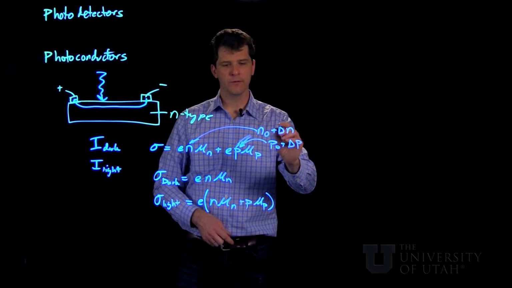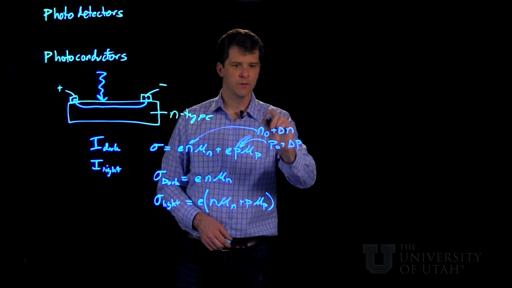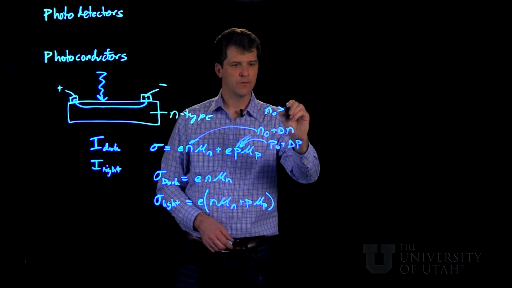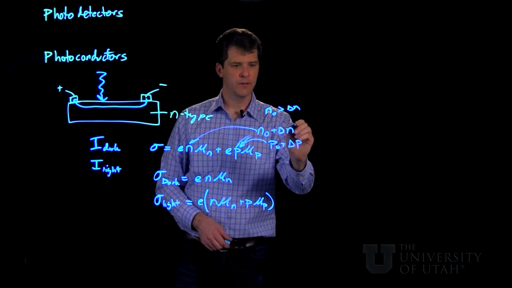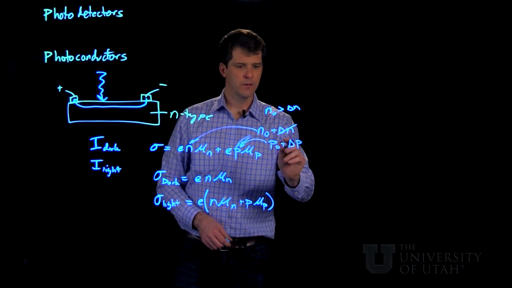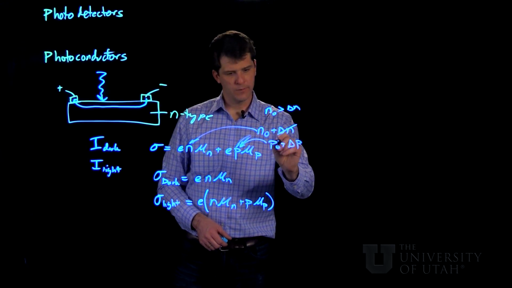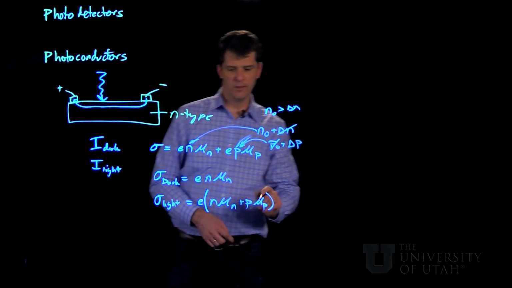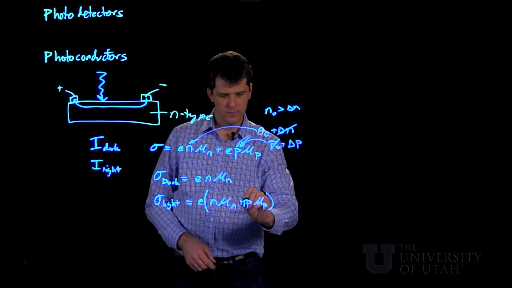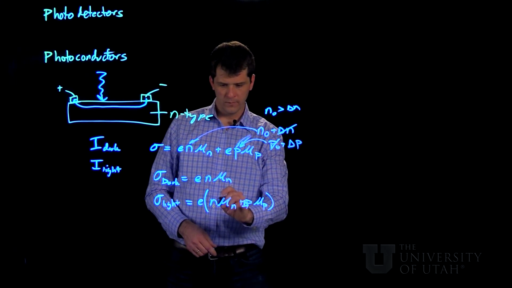So for usual low injection conditions, we would assume that n naught is greater than delta n, so we could kill this term, and then delta p bigger than p naught, so we could write this more like this.